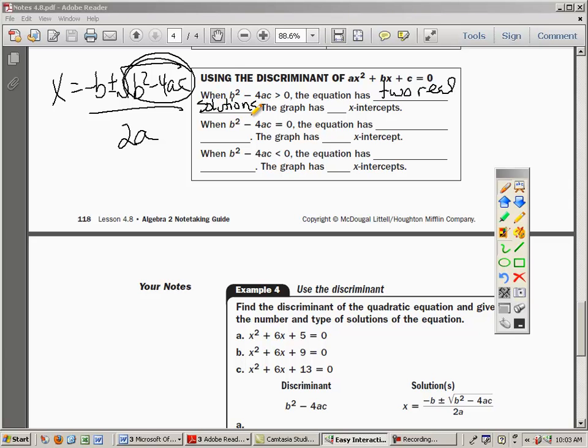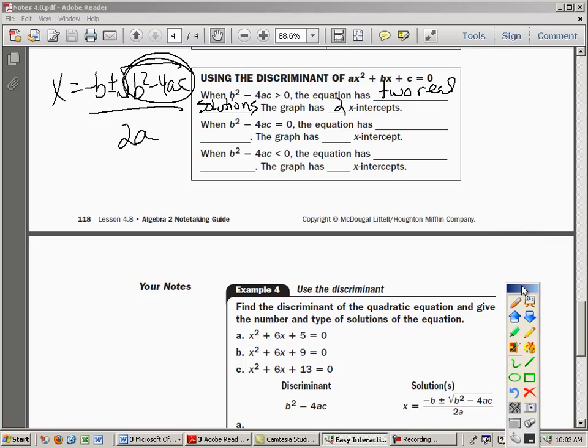Okay, 2 real solutions. And so the graph has 2 x-intercepts. Again, if this number under the radical is positive, then when I take the square root of it, I'm going to get the plus and the minus. So I'm going to get 2 solutions.